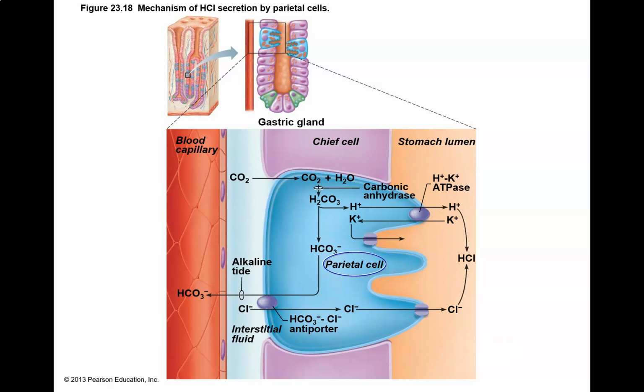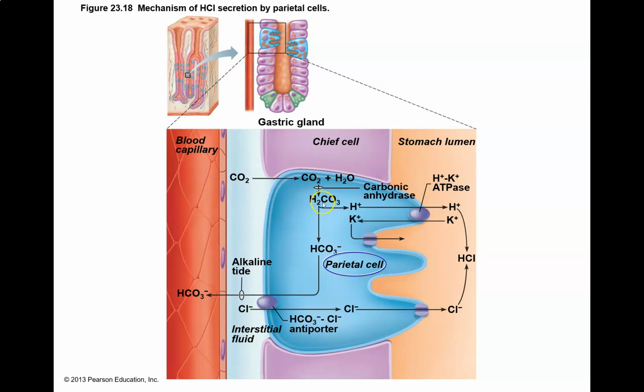This is a great illustration of how exactly the parietal cells can produce hydrochloric acid in the stomach. And it's actually going to be very familiar because it's the same chemical reactions by which the blood can carry CO2 in the form of bicarbonate ion, and the lungs can blow off that CO2 and help us manage the blood pH. All right, so what do we got?